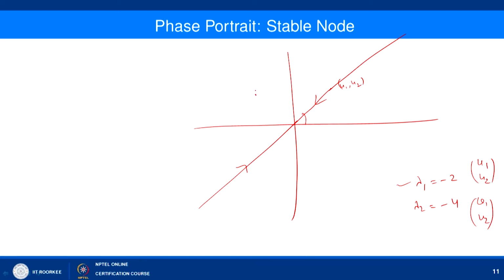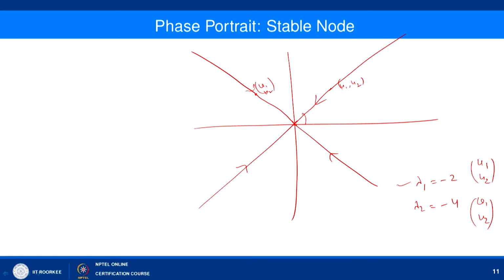Similarly, we can have v1 and v2. Let us say v1 and v2 is here. I am just giving a pictorial representation. You can actually find the values of u1 and u2 and draw it here. This will represent the eigenvector, and if you extend this line segment, it will represent the line having the slope v2 upon v1, and along this also your solution will tend to 0 comma 0.